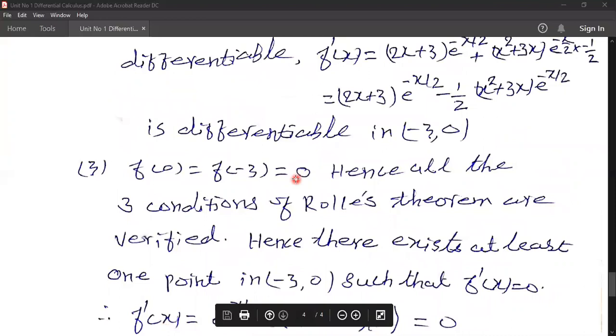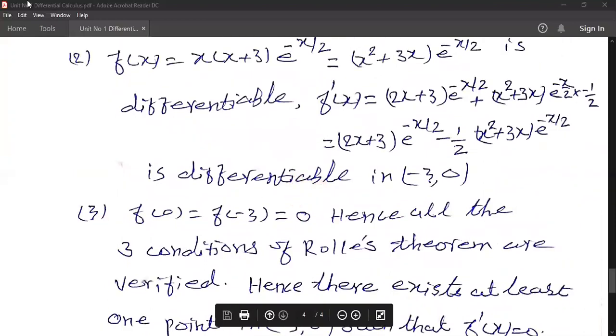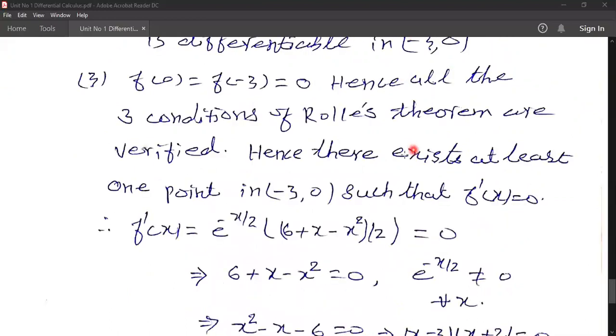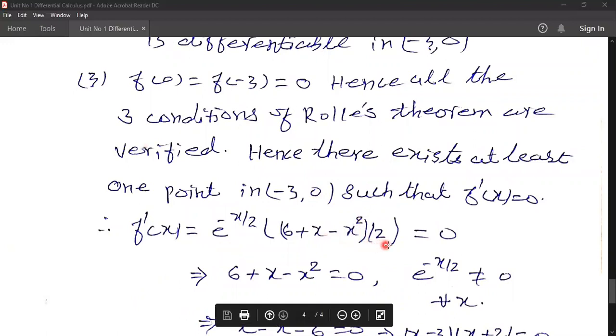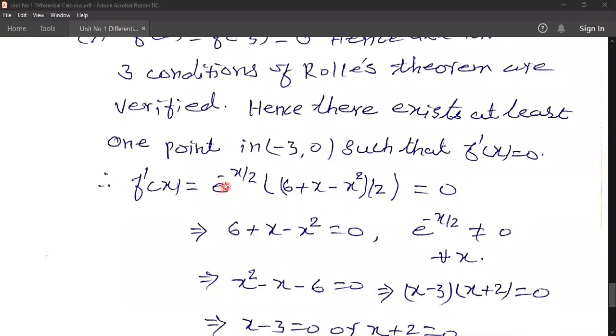When this is equal to 0, either e to the power minus x by 2 is equal to 0, or this term is equal to 0. The exponential function is not equal to 0 for any value of x, so this must be equal to 0. That is, 6 plus x minus x squared by 2 must be equal to 0.